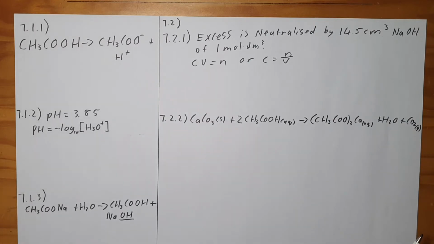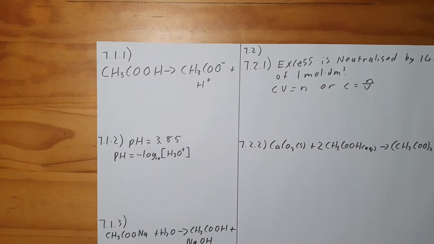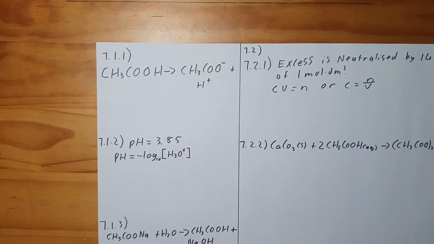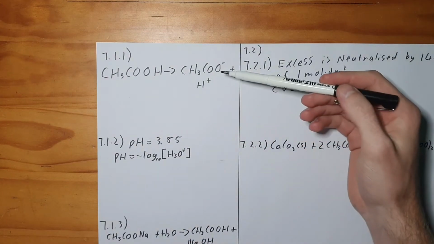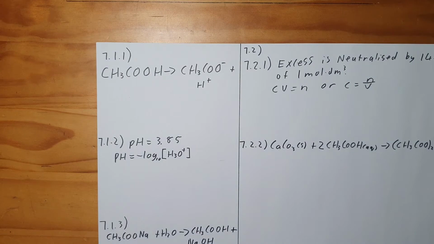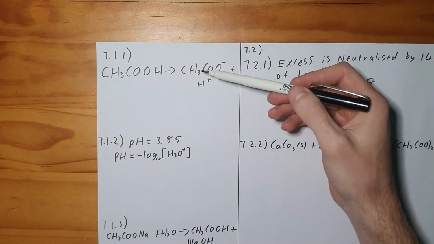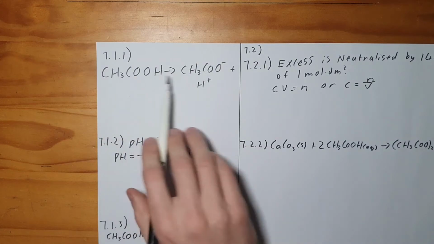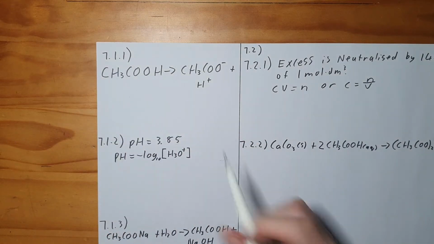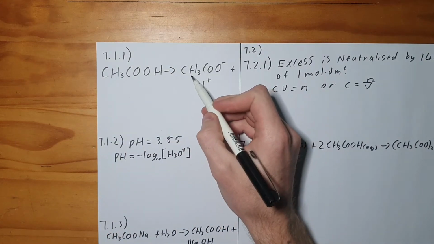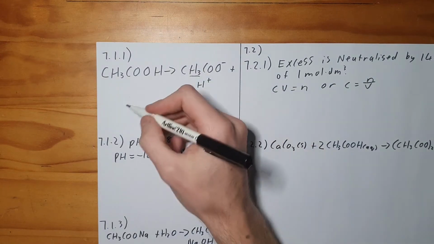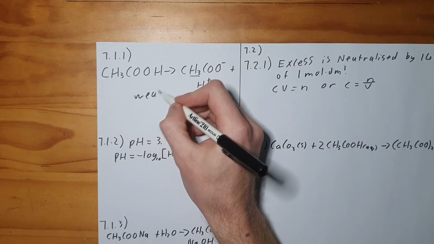So what I've done here is I've written out the equation and broken it up into its ions. Remember, we want to focus on whether it ionizes completely, meaning that all the H's separate when we break it up. If we put this into water and it breaks up into its ions, you can see that there are 3 H's still attached, so therefore it's a weak acid.